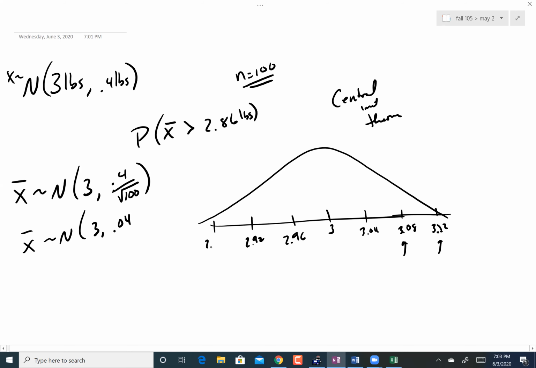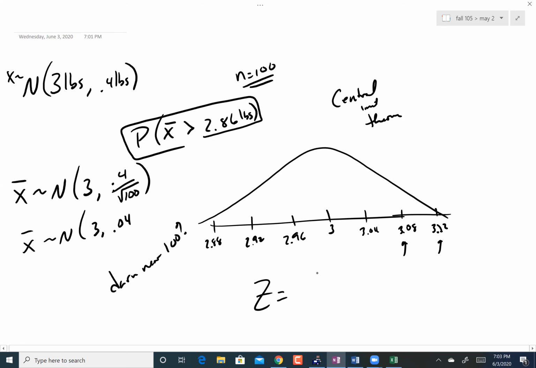And 2.88. Look what we're asking about. We're asking what's the probability X is greater than 2.86. Darn near 100%. But let's do the math. So our z-score is X bar minus mu over sigma over the square root of n.